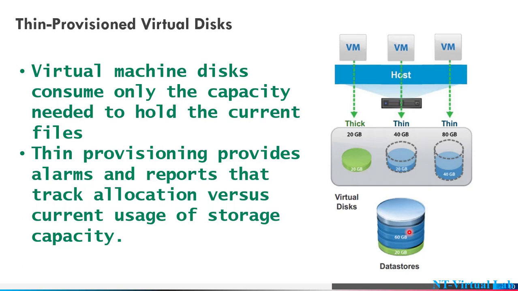Sometimes what happens is we provision more space than is available on the hard drive, and when we start using it, after some time we face storage issues. With the help of the alarm and reporting system, you can track that. So look, I create a 40 GB disk here, but I have some files of 20 GB on this hard drive, so it will consume only 20 GB of space on our actual data store.